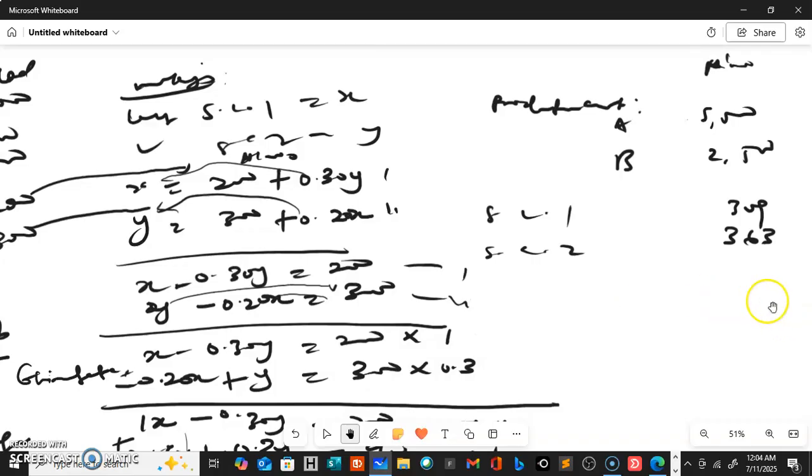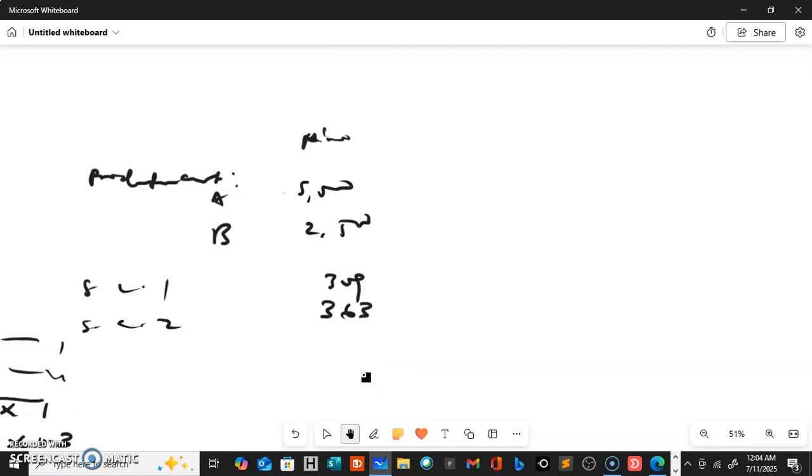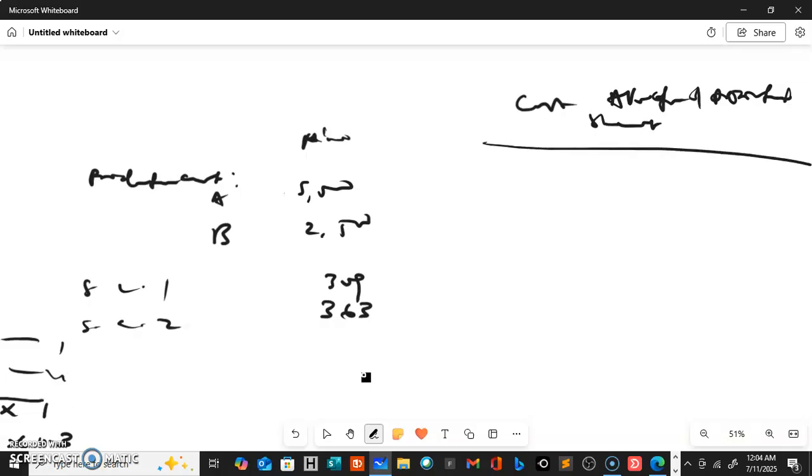So the next thing for us to do is to now apportion. You can call this the cost allocation and apportionment sheet. Let's go ahead and do that, maybe before the time goes.